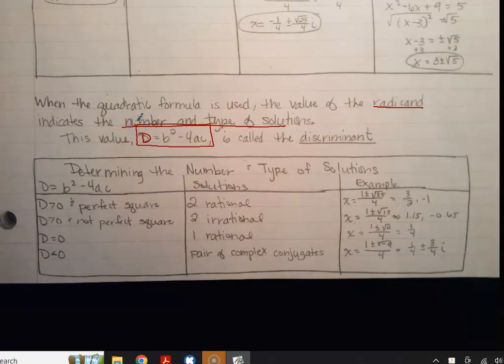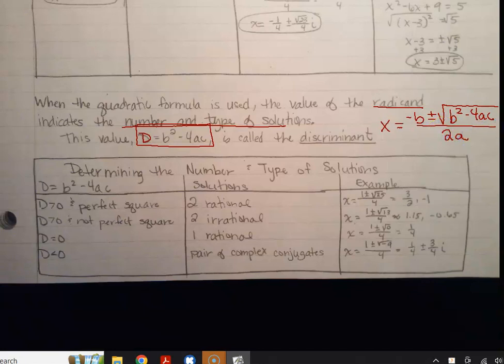If you think about it, the quadratic formula, which we just did yesterday, was x equals negative b plus or minus the square root of b squared minus 4ac, all of that divided by 2a.